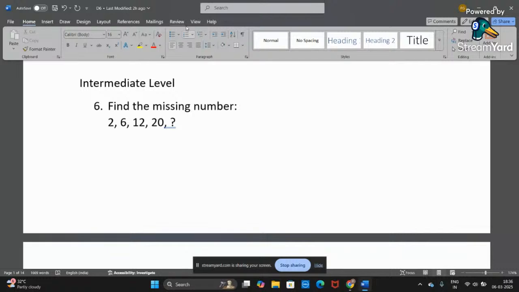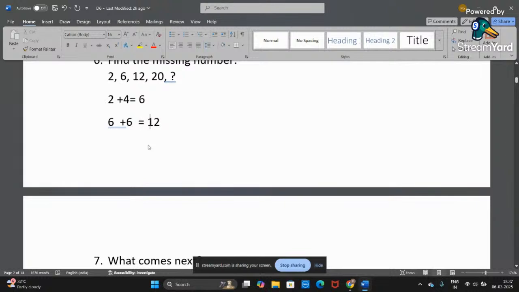Let's check it out. Between 2 and 6, to 2 they added 4, so it is 6, right? Between 6 and 12, what is the possible value they are going to add? Plus 6. 6 plus 6, it is 12.